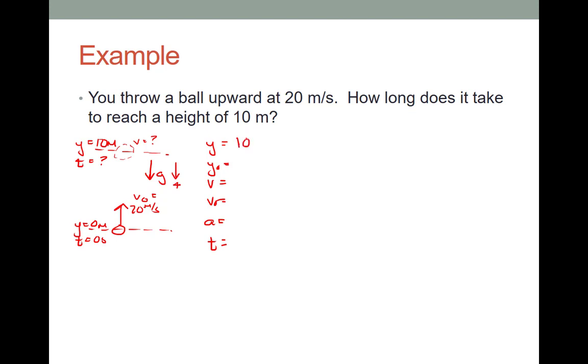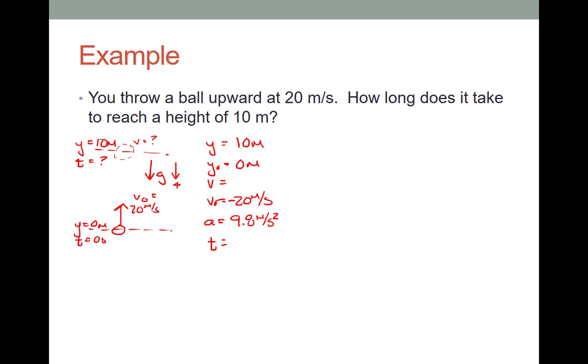Our final height is 10 meters, initial height of 0 meters, initial velocity of 20 meters per second. It's upward, positive is downward, therefore this has to be negative. Our acceleration is the acceleration due to gravity downward. Downward is positive, so this comes in as a positive 9.8 meters per second squared.